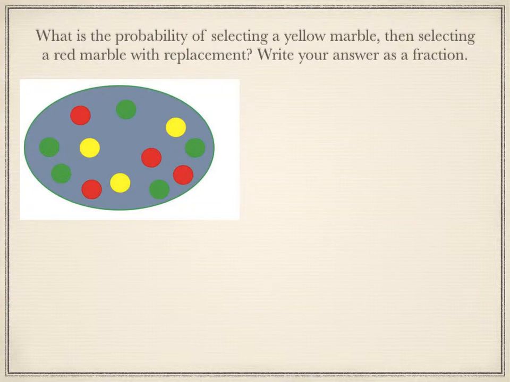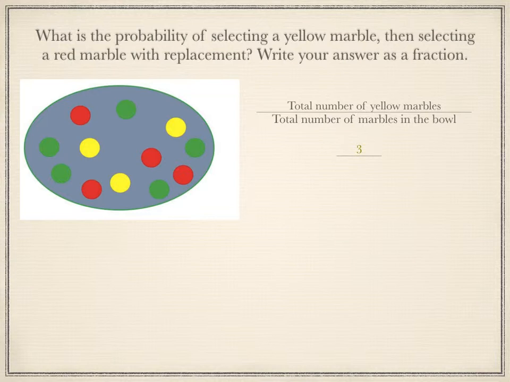Now what is the probability of selecting a yellow marble, then selecting a red marble with replacement? So the total number of yellow marbles over the total number of marbles in the bowl. We get 3 over 12, once again, just like we did on the last problem, which reduces to 1/4.